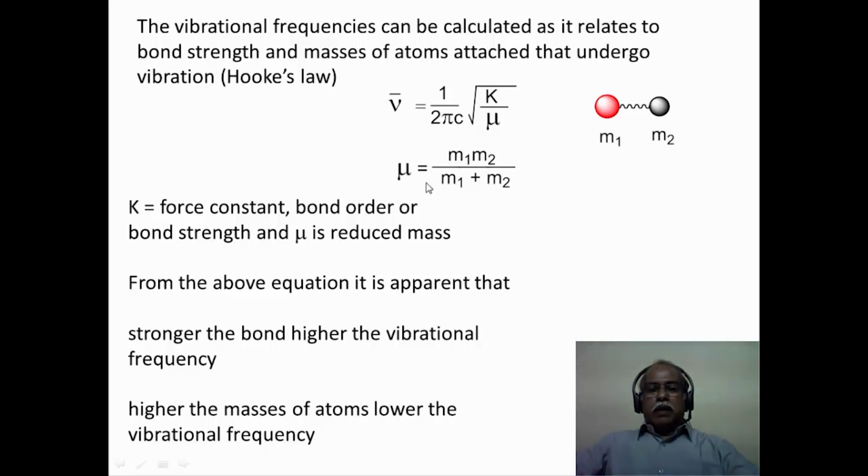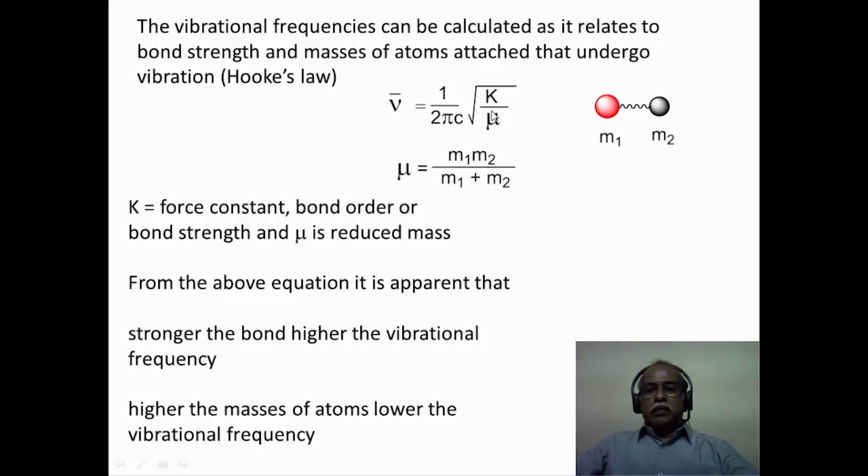From the above equation, it is apparent that the stronger the bond strength, the higher the vibrational frequency will be. In other words, k and nu are directly related to each other, whereas the higher the mass, the lower the frequency, because the reduced mass is inversely proportional to the wave number or the frequency of the vibration.